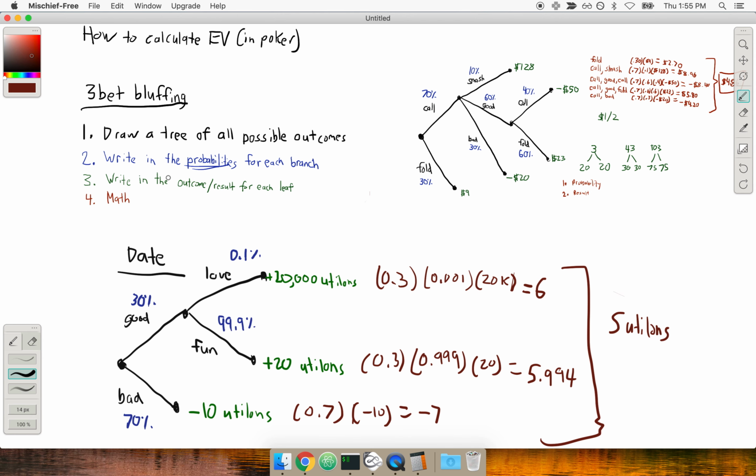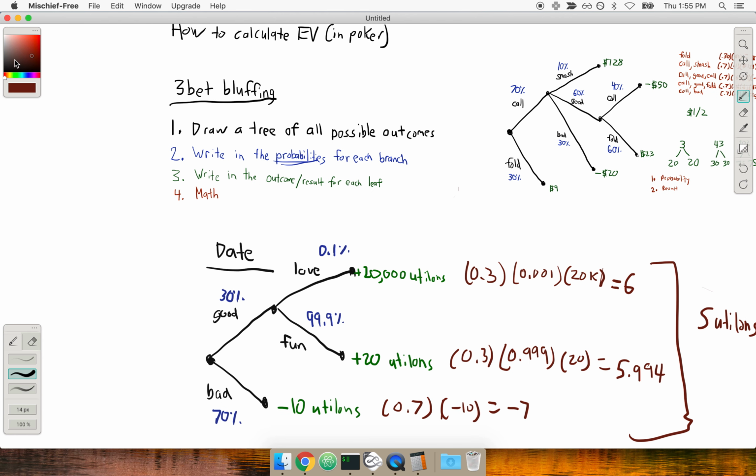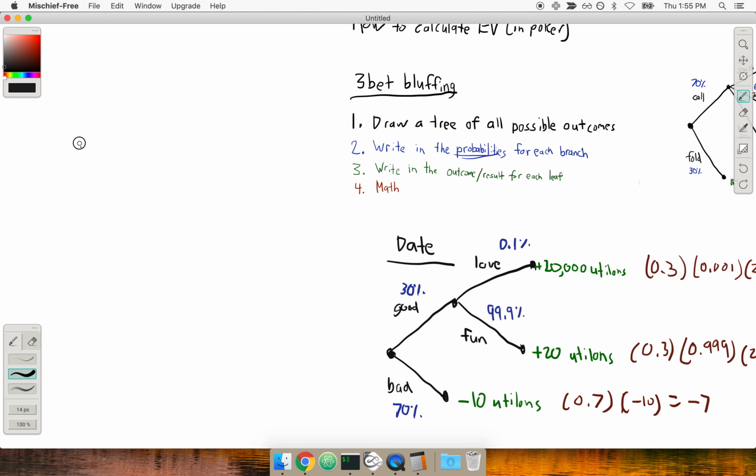And just to give you one more poker example, let's say, bluffing the turn. So if you bluff the turn, let's just say you can get called or you can get a fold. Let's say you get called.